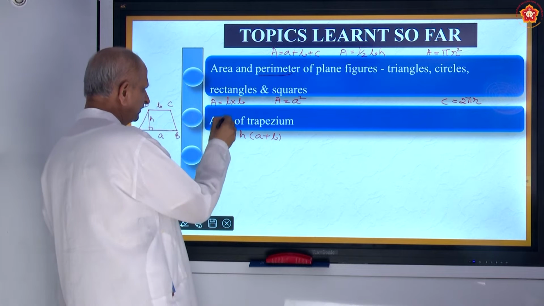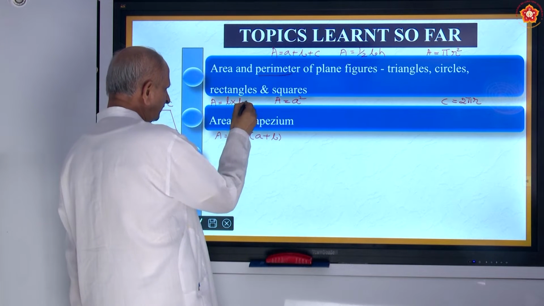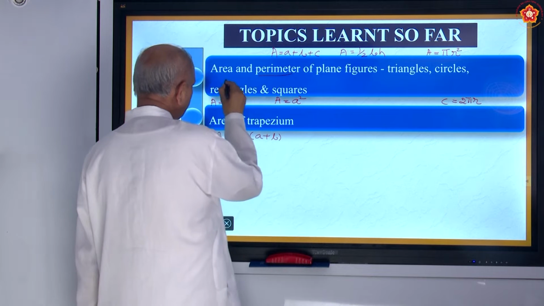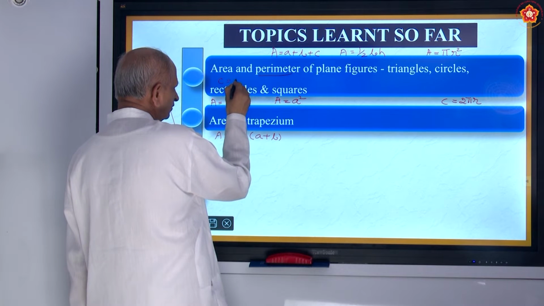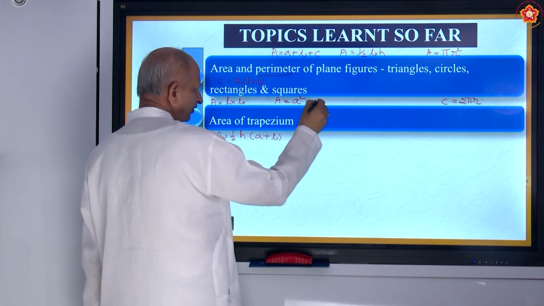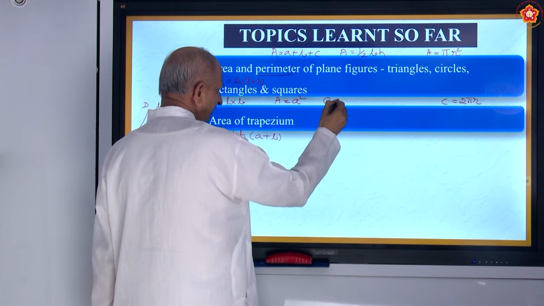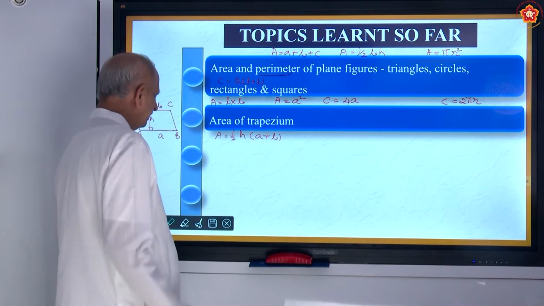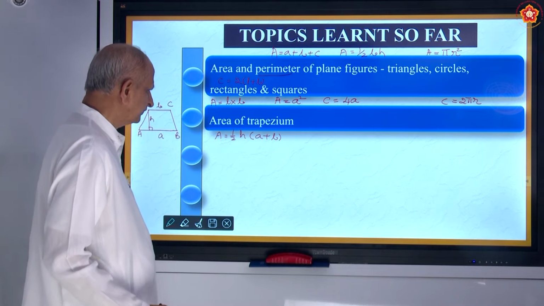In case of rectangle, the circumference is 2 into L plus B. In case of square, circumference or perimeter is equal to 4A. Here sum of all the sides.